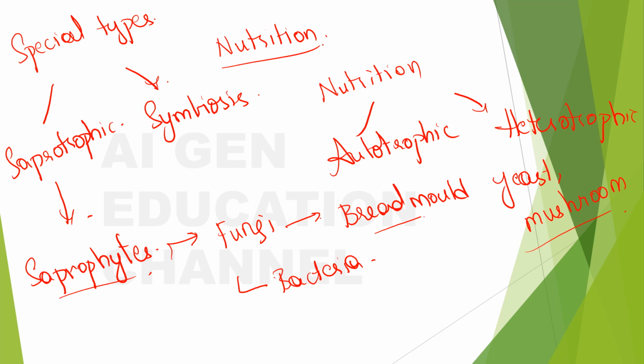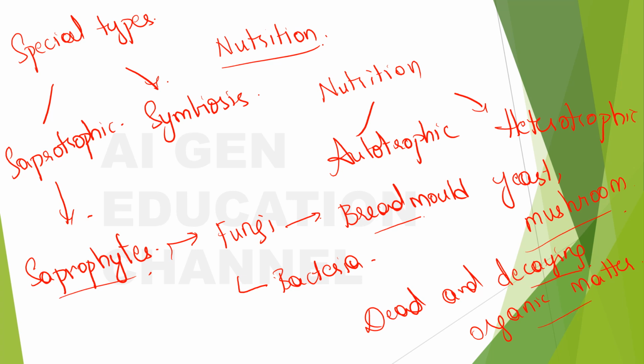Saprotrophs get their nutrition from dead and decaying organic matter. What is it? Decaying organic matter. When bread is getting decayed, it means it has become stale, and the bread mold will form on this decaying organic matter. So saprophytes get their nutrition from what?